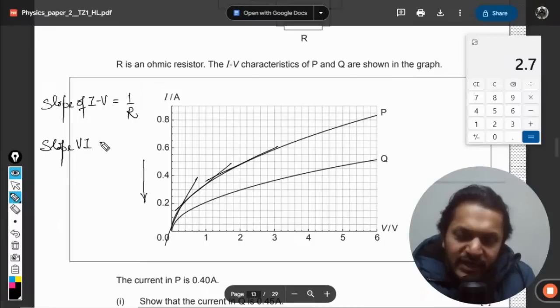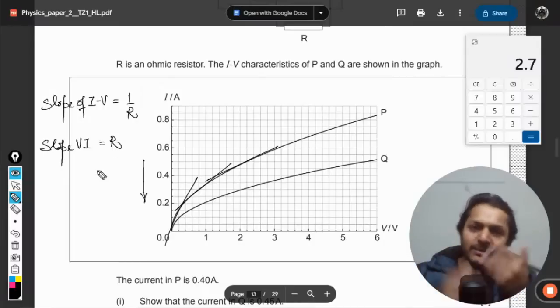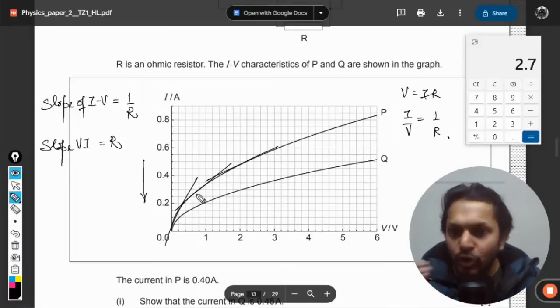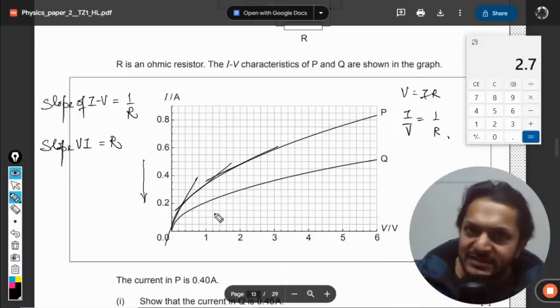The slope is I by V rather than V is equal to IR. The slope I by V is equal to 1 by R. That is why more is the slope, lesser is the resistance.